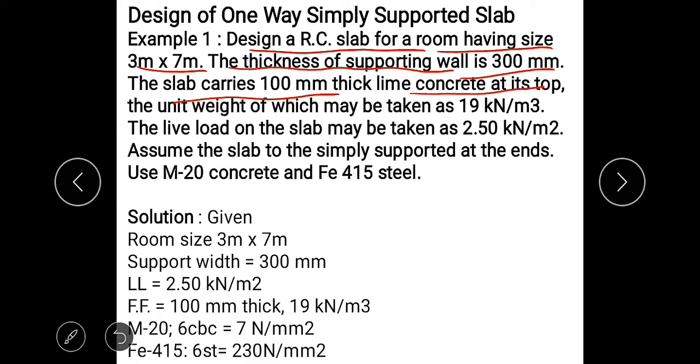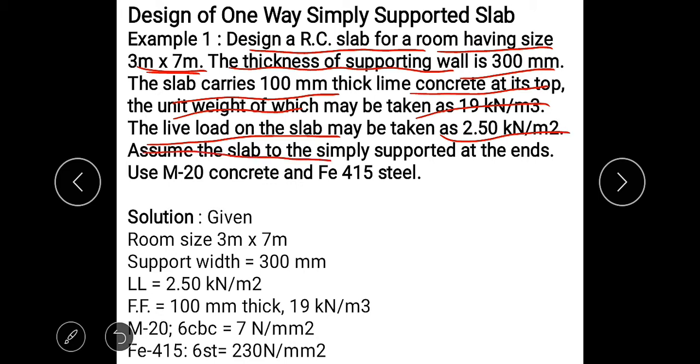The unit weight of the lime concrete is 19 kilonewton per meter cube. The live load on the slab for the room is 2.50 kilonewton per meter square.